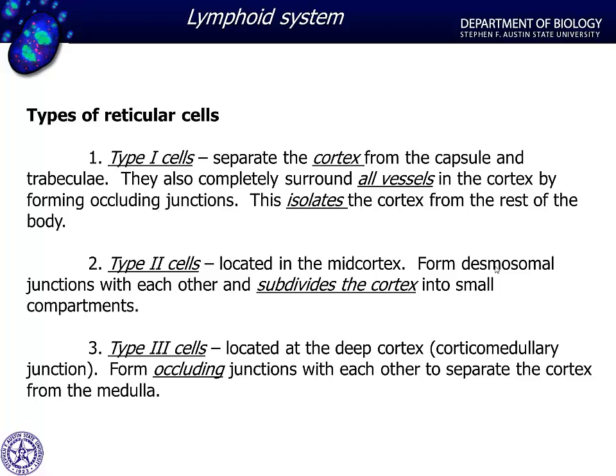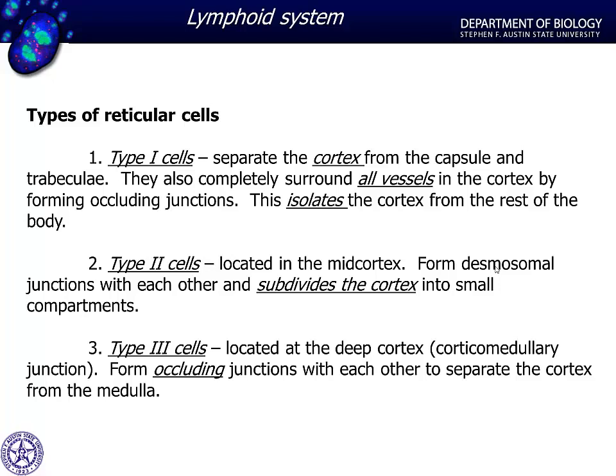That capsule is going to be continuous with the trabeculae, and these are all going to be coated with these type 1 reticular cells. Now, these are also going to surround all the blood vessels in the cortex, and they're going to have very tight junctional complexes that are going to prevent any material from getting in and out of the cortex. So we do have this immuno-isolated compartment within the cortex, and that's facilitated by these type 1 reticular cells.